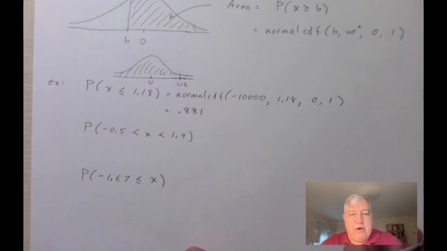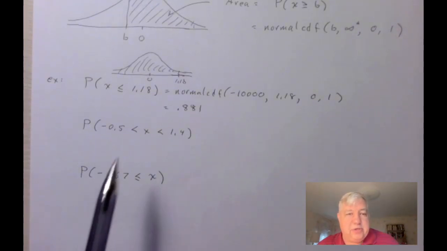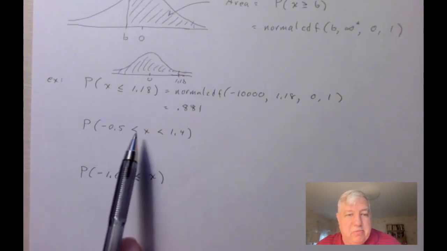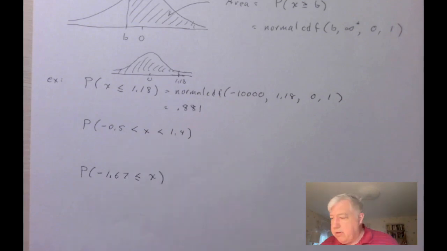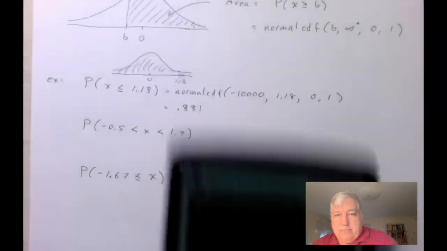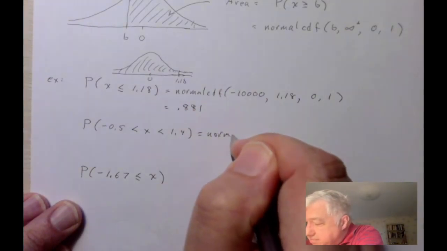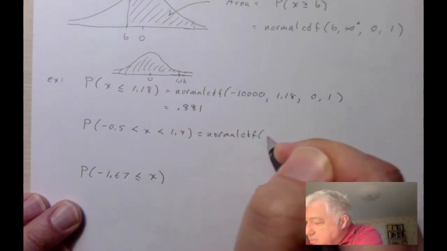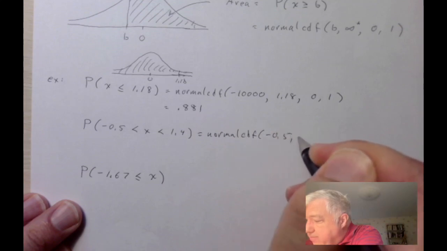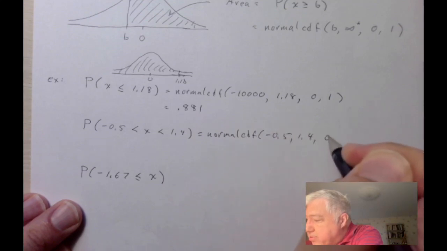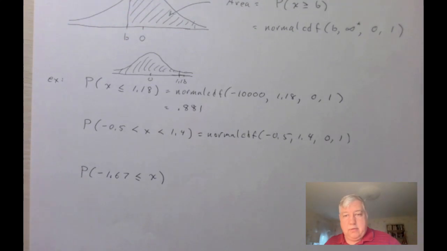Then, if we wanted to find the probability that x is between negative 0.5 and 1.4, this would be normal CDF of negative 0.5, 1.4, 0, 1.